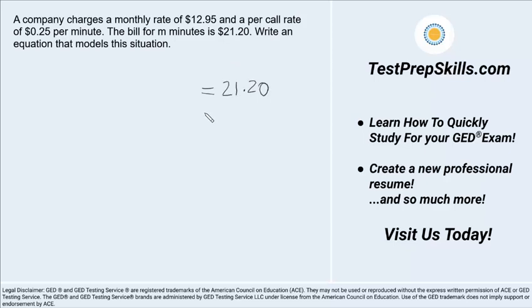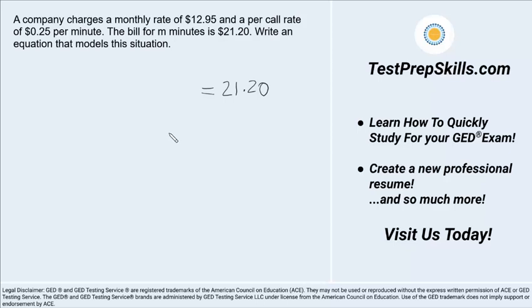When we write an equation that is modeling a situation that involves money, we don't put the dollar signs into our equation. We're just going to write the number values. So we know our total is going to equal 21.20.